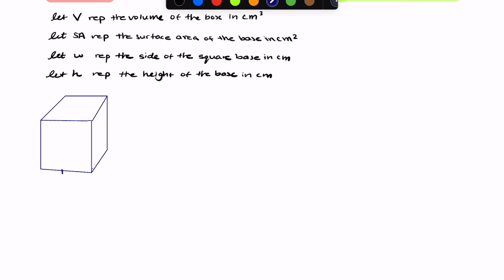And remember, it's a square base, so all of the base lengths are going to be the same, and we represented that as W, and then we have the height as well. And remember, it is an open box, so the top is not included.